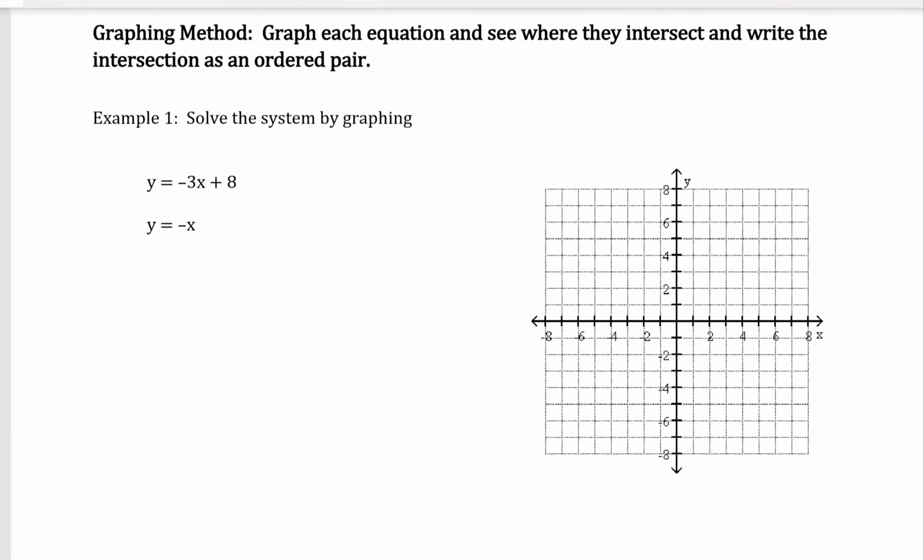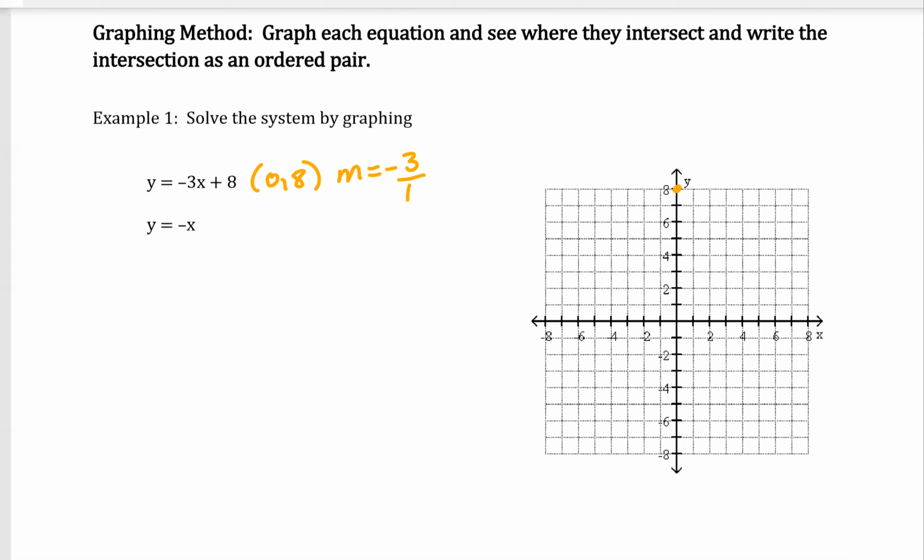So the first method of solving a system of equations is by graphing. So we have two equations, y equals -3x plus 8. So I'm going to graph that equation. I will go to 8 and put a dot. And the slope is -3.